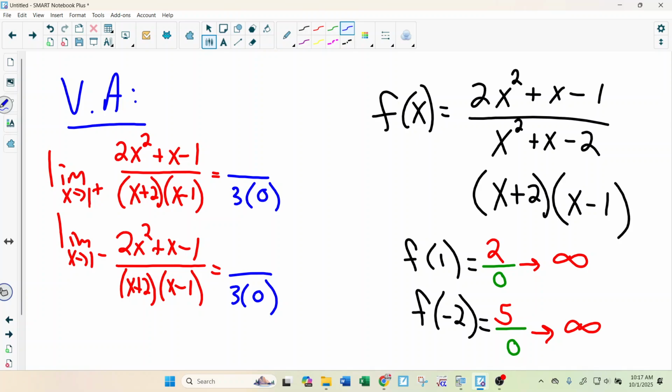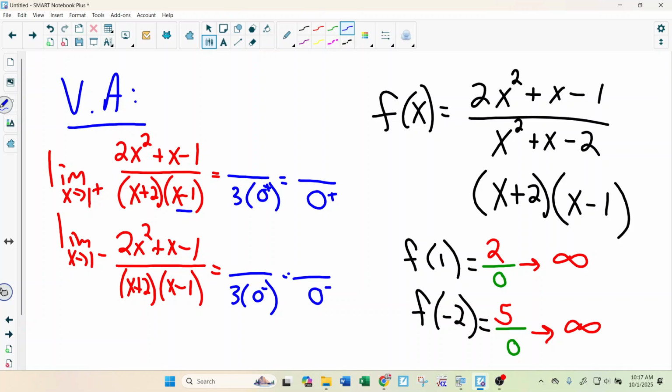And so is that 0? As I approach 1 from the right, x minus 1, is that a positive or a negative 0 if I approach from the right? Positive 0. This is a negative 0. So we know here we have a positive 0. Here we have a negative 0.